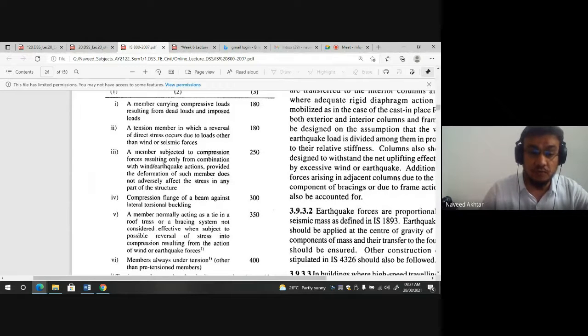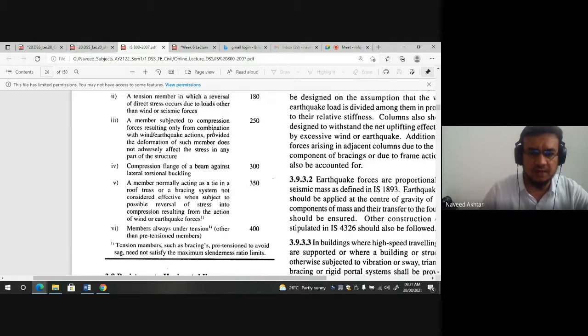A member subjected to compression forces resulting only from wind or earthquake, provided the deformation of such member does not adversely affect the stress in any part of the structure, then the maximum value of lambda is 250. A compression flange of a beam against lateral torsional buckling, the lambda is 300. A member normally acting as a tie in a roof truss or a bracing system, not considered effective when subjected to possible reversal of stress.